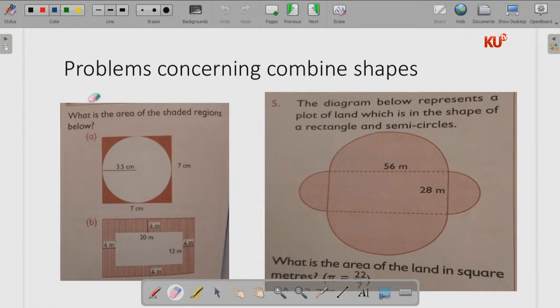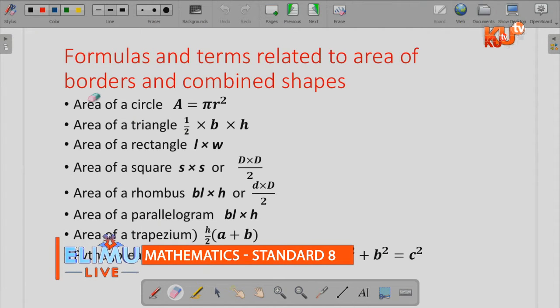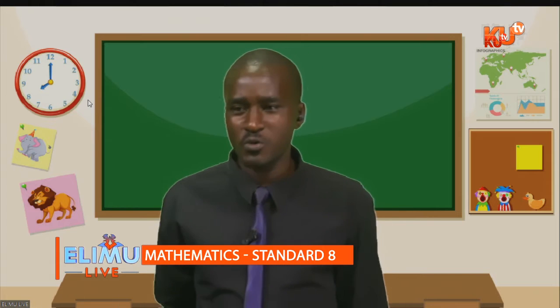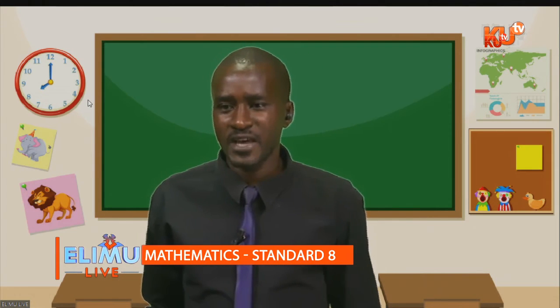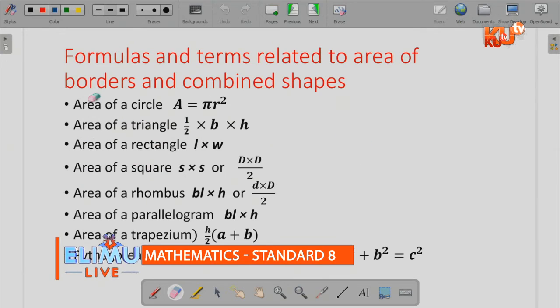I have to take you back to the formulas which we had. Our formula of a circle is pi r square. Pi is a constant figure which is always 22/7. Area of a square is side by side. We'll use side by side because that's what we have been given there.